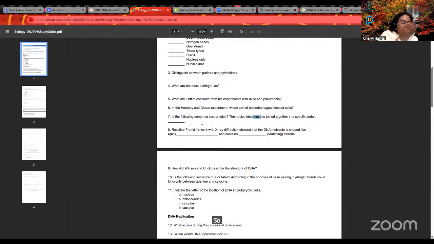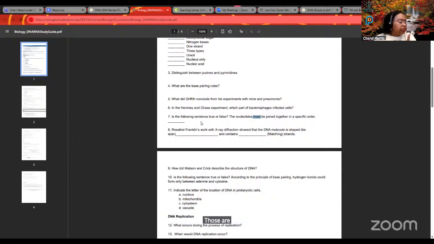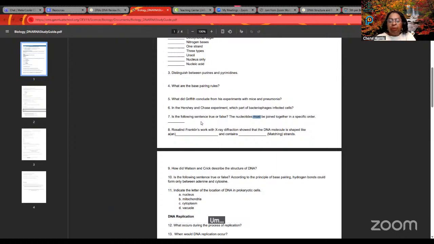So we have just done our nucleotides. Some is CCT and some is AGT and some is GAC. Those are random arrangements that create a certain message. So they do not have to be joined together in a specific order. They are joined in whichever order codes for that message. So it is kind of random.